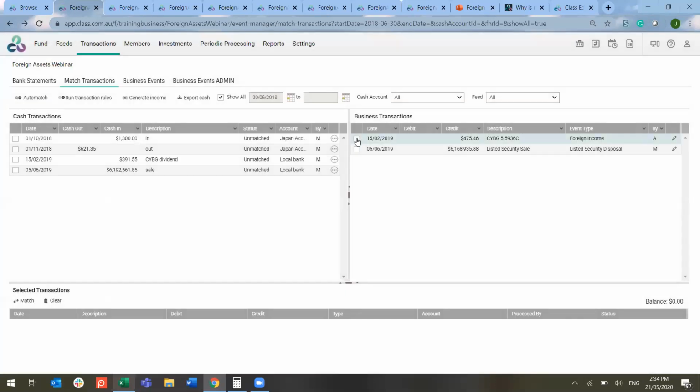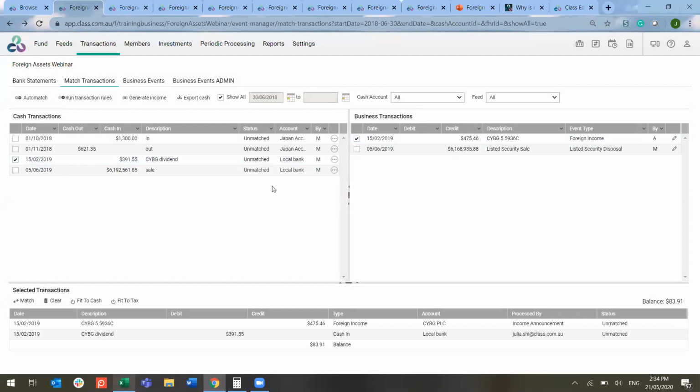If I tick these two events, pretending I'm going to match them, you see that there's a difference of $83, which is exactly another 15% of the tax that's been withheld. So for this particular investment, 30% of foreign tax was withheld.